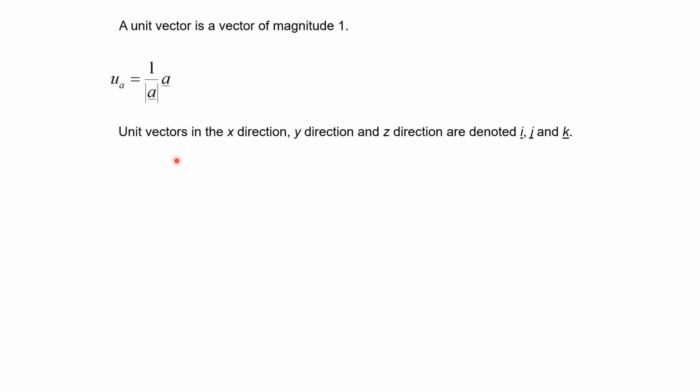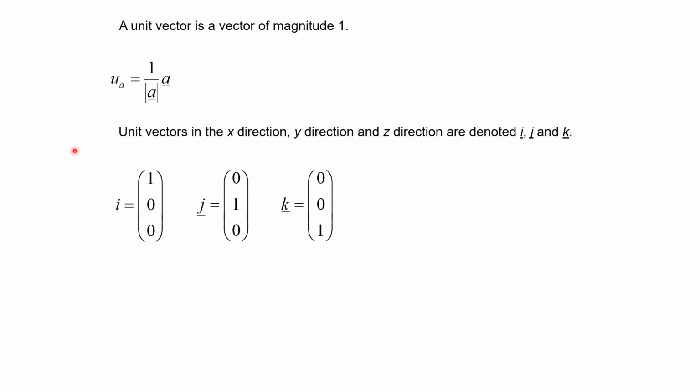And unit vectors in the X, Y, Z directions are denoted using I, J, and K. As you're aware, the coefficient of I represents X, the coefficient of J is Y, and the coefficient of K is Z. Okay, so for example, unit vector in the direction of X, because I is associated with X, therefore the components are 1, 0, 0.